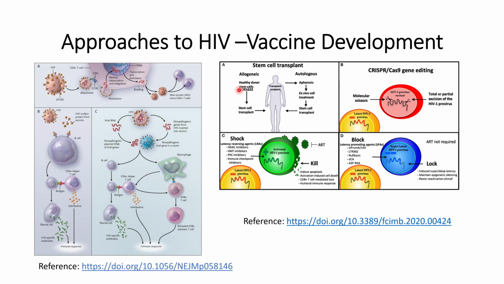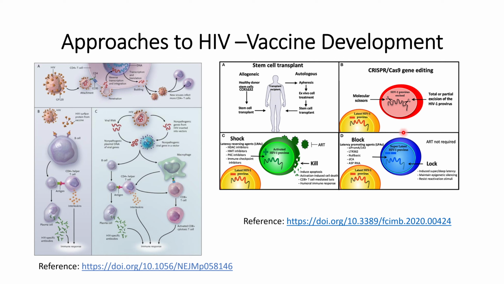So healthy donor cells that have CCR5 modified can be used with the help of stem cell transplant to transfect into this infected patient, and with time this transplanted cell will take over the whole body, and the HIV infected cells will vanish with time.